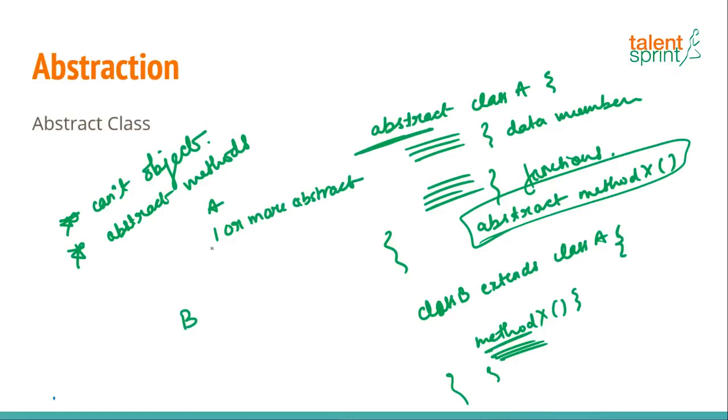And if B extends A, it has to implement all those abstract methods inside class B. And remember one key point, that if there is an abstract method inside a class, the class needs to be declared as an abstract class. But it is not necessary that you declare a class as abstract and there is an abstract method, right? The other way around is not necessary.